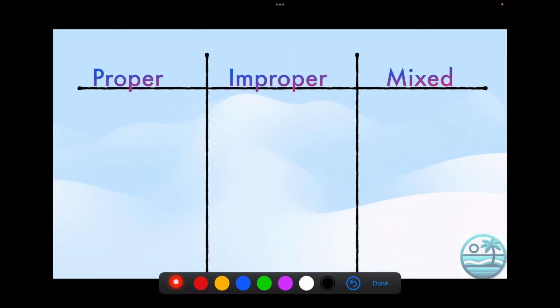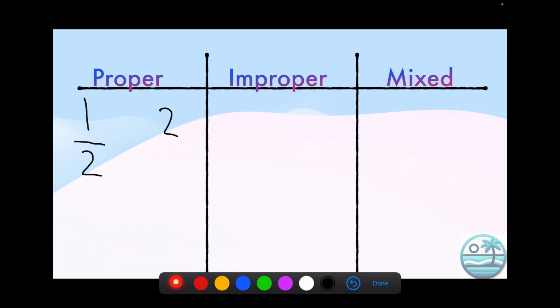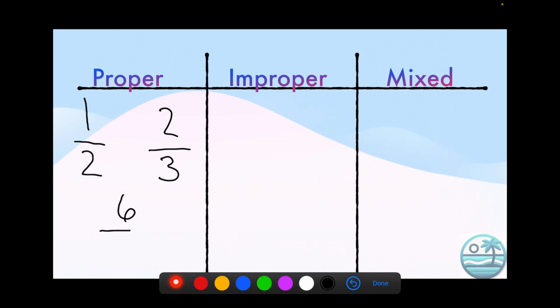Some examples you might see of proper fractions. You may see 1/2. You could see 2/3, or even something like 6/8. Improper fractions would be, like our example, 5/3.